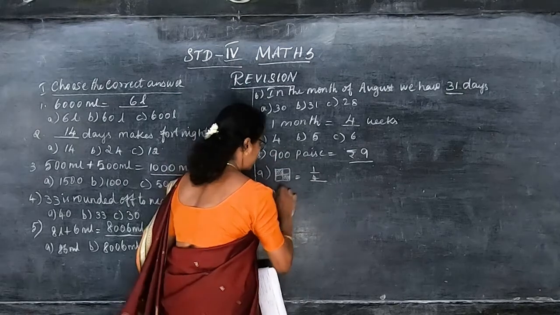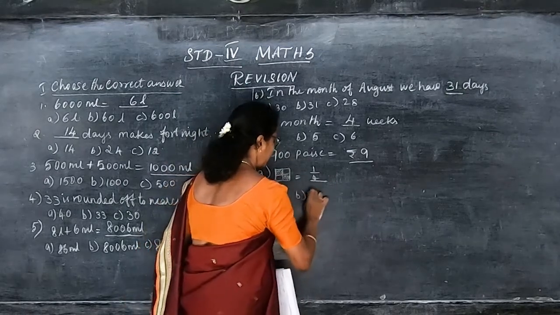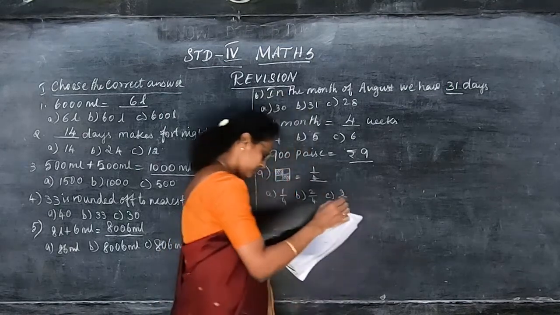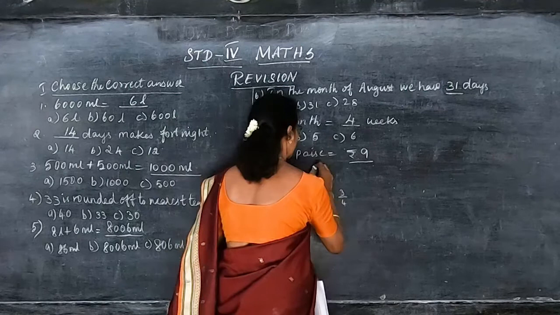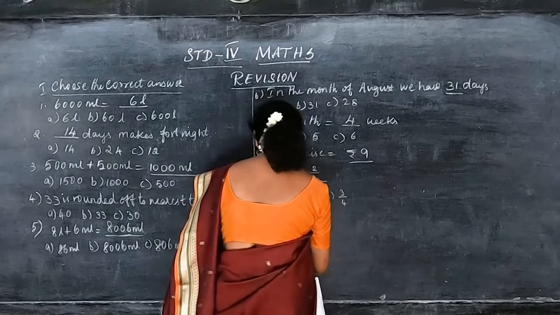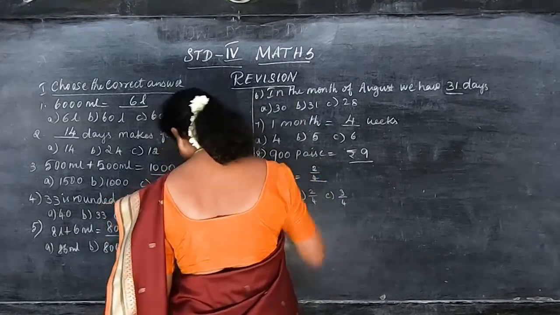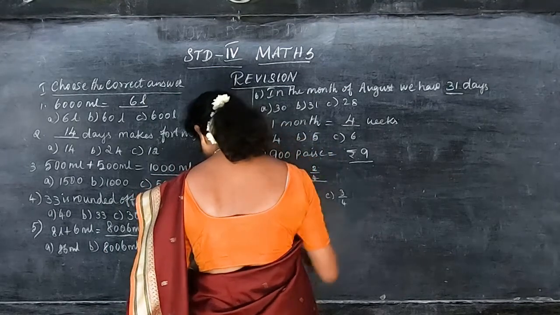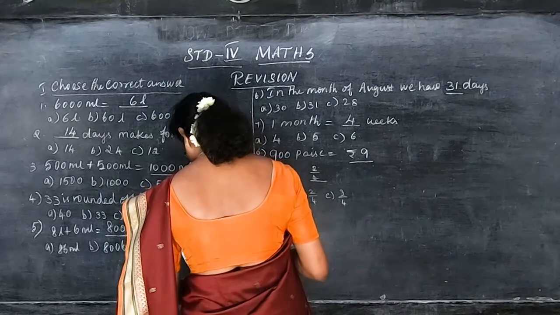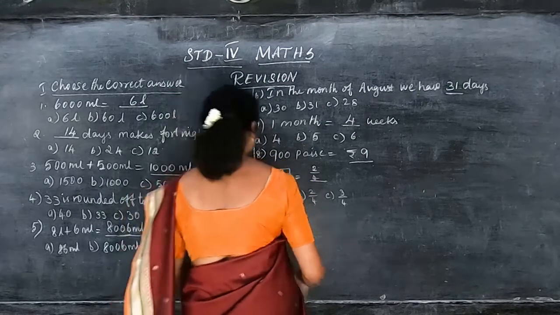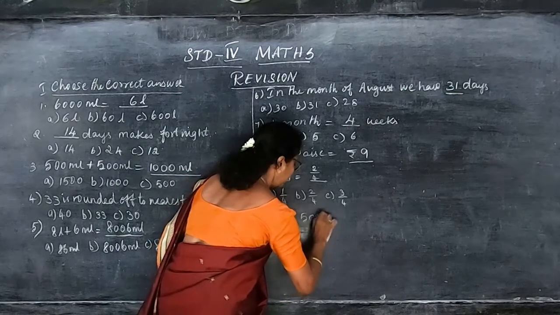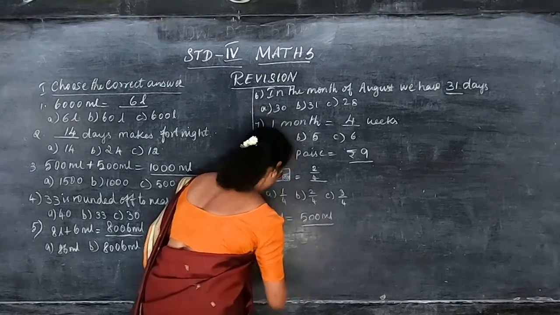So A is 1 by 4, B is 2 by 4 and C is 3 by 4. So this is 2 by 4. And the 10th one is half liter. So half liter is equal to 500 milliliter.